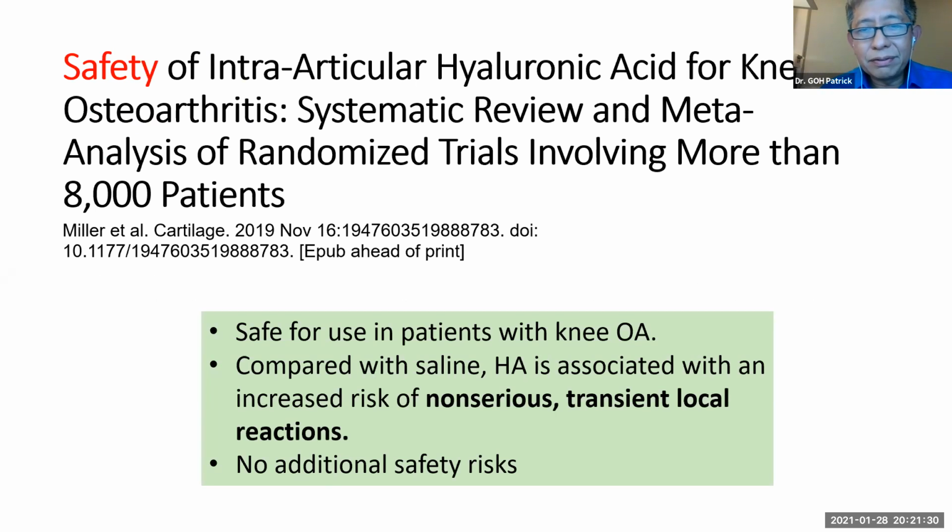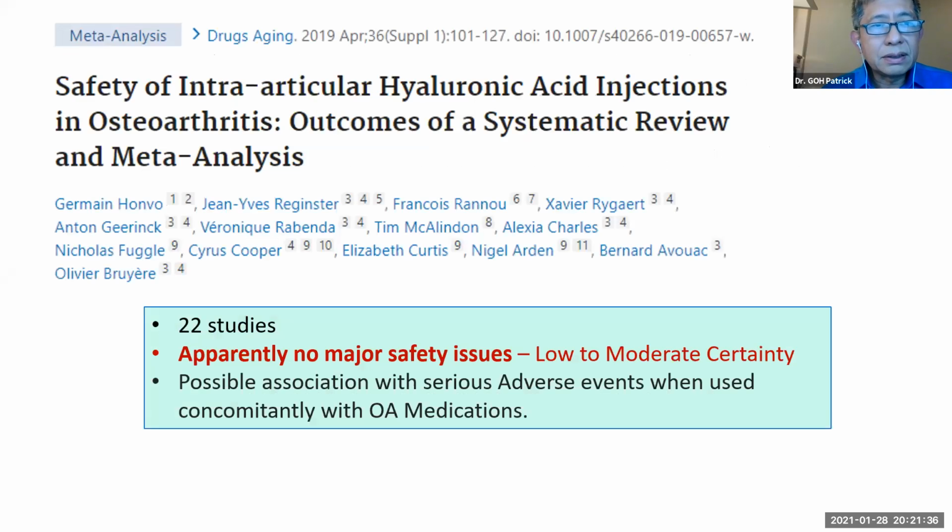There is a bit of an increased risk of non-serious transient local reactions, but no additional safety risks. And this is another study, in the same year, a systematic review and meta-analysis, with no major safety issues, but the quality of data is of low to moderate certainty.